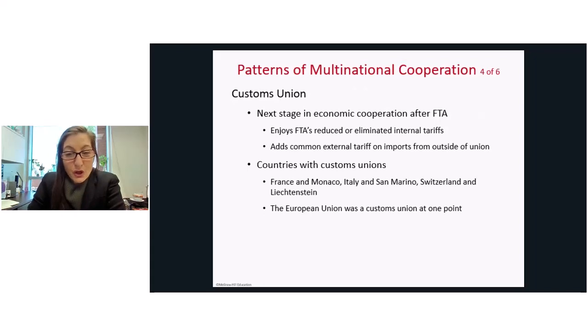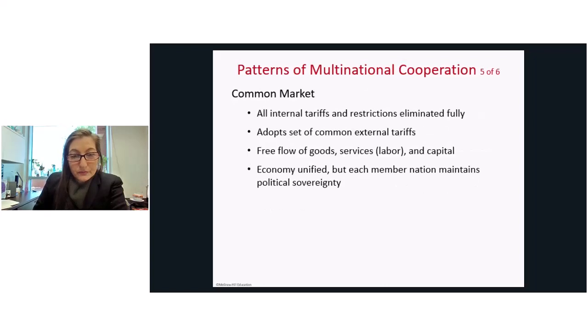Countries with customs unions include France, Monaco, Italy, San Marino, Switzerland, and Liechtenstein. The European Union was a customs union at one point.